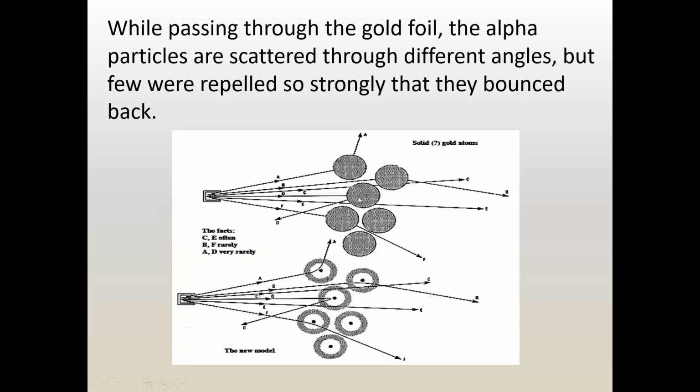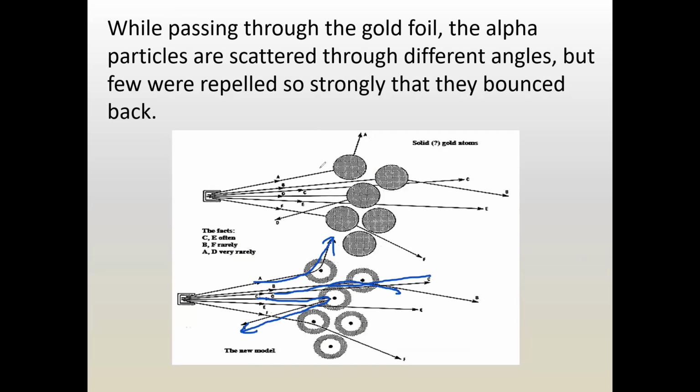So the Rutherford experiment, as you can see here, this is a figure which is representing it. Look, A is closer to the nucleus, so it deviates, repulsion. B is also closer to the nucleus, deviation. C and D pass straight, C passes straight, D is close to the nucleus, so it will bounce back.